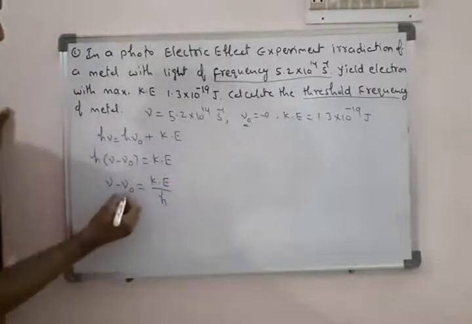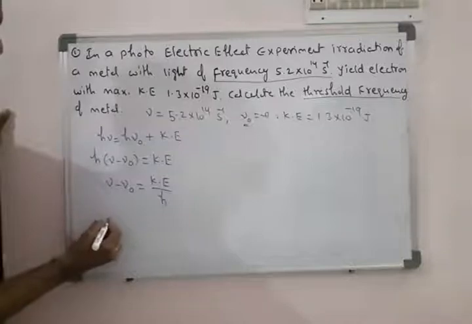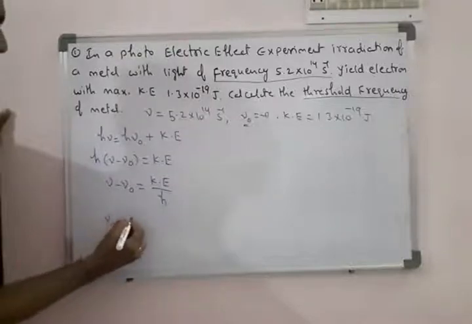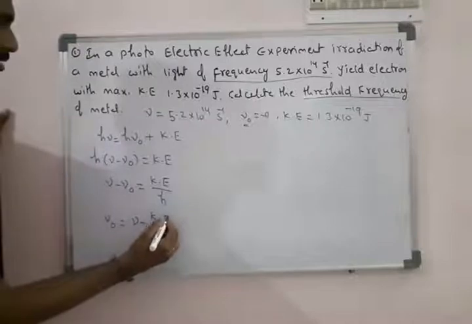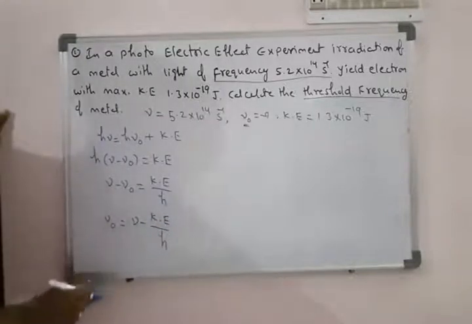So we need to get nu naught. So what will be nu naught? We can write here, nu naught is equal to nu minus kinetic energy by h. Okay.